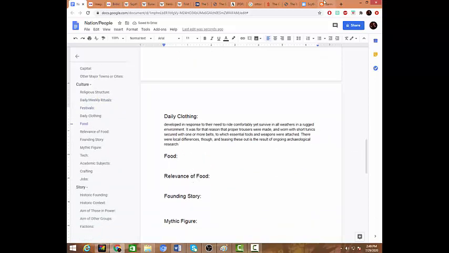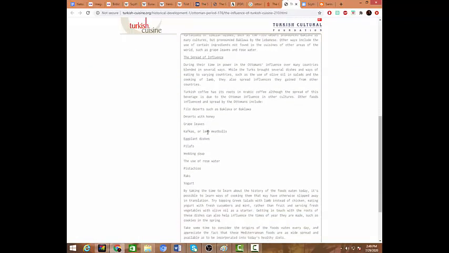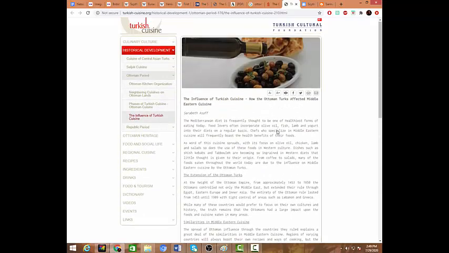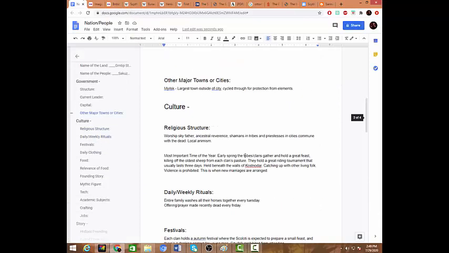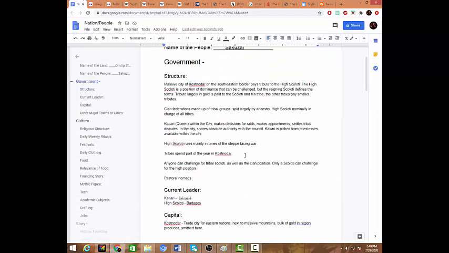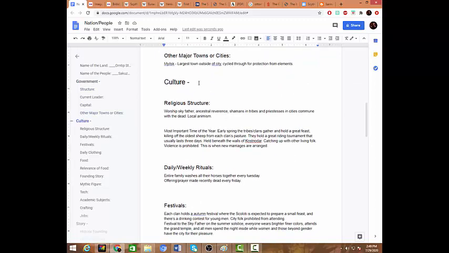The food, so this is where we can talk about this. So Turkish cuisine, that's important, because I think that the influence of Krasnodar is basically, it's like an Ottoman city, even though it's on the opposite side of where it would be.